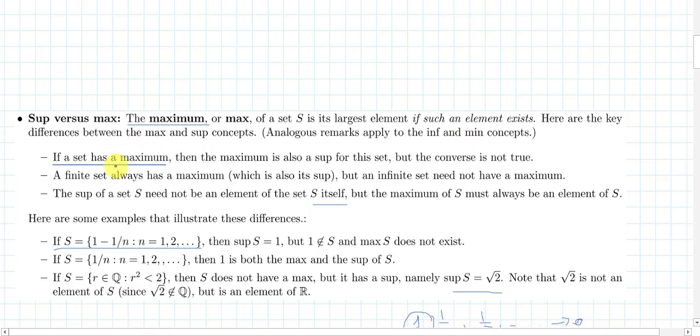So if a set has a maximum, then the maximum is also the supremum for this set, but the converse is not true. If we have a supremum, not the maximum, we showed it in our examples. And a finite set always has a maximum, which is also its supremum, but an infinite set need not have a maximum.